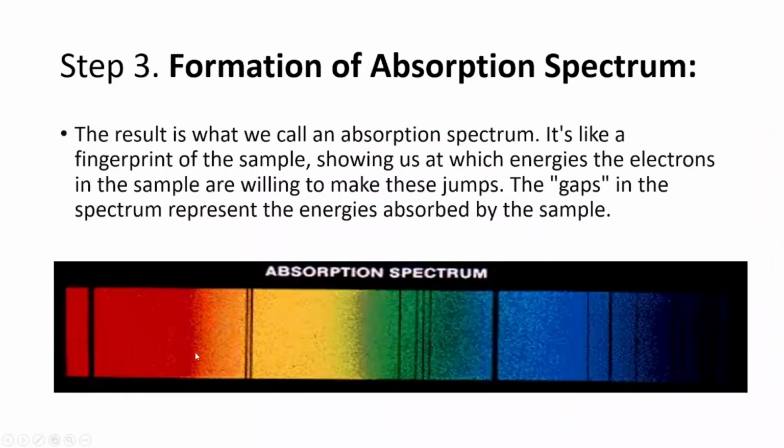The dark lines indicate the specific energies or wavelengths that were absorbed during the process, and this together with other data will help you get the exact content of whatever sample you are dealing with. You'll be able to characterize the sample. You'll be able to predict the structure of the molecule that you are dealing with.